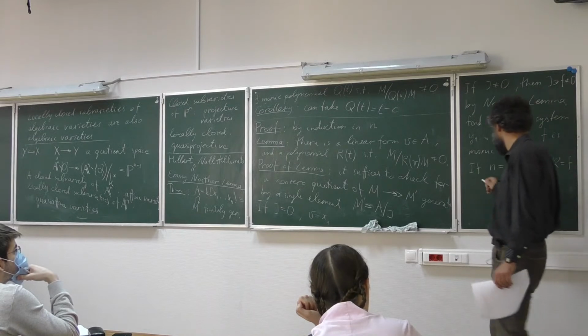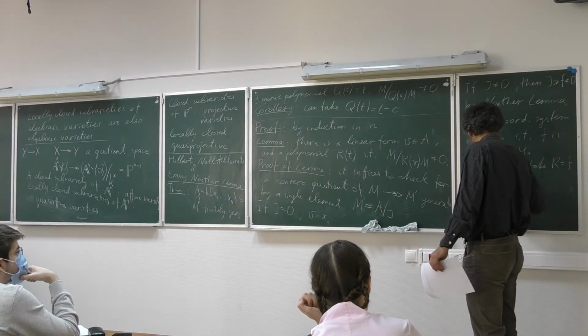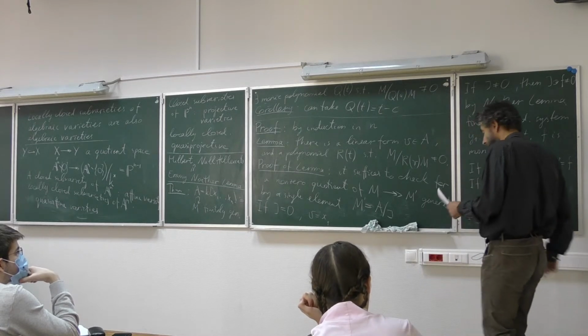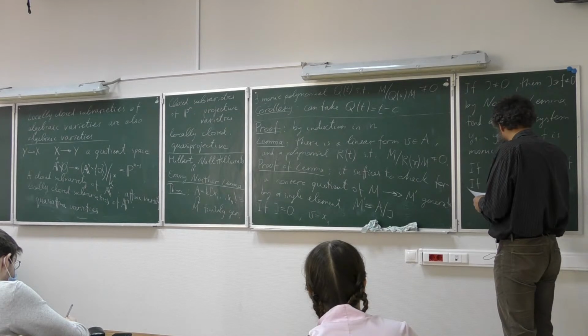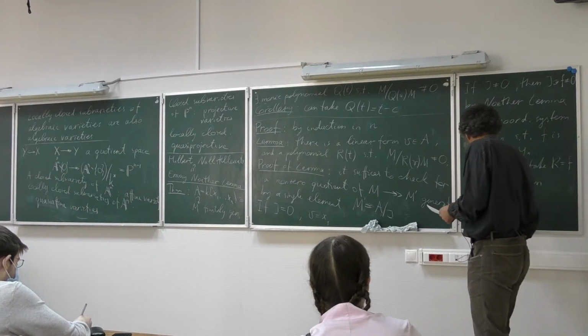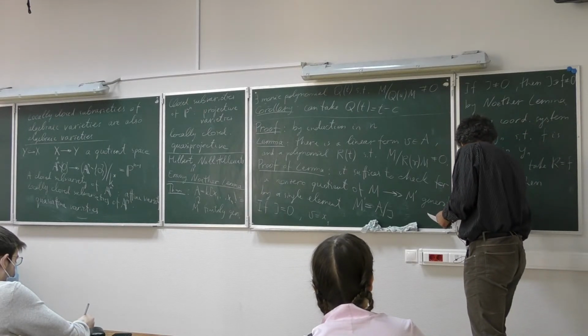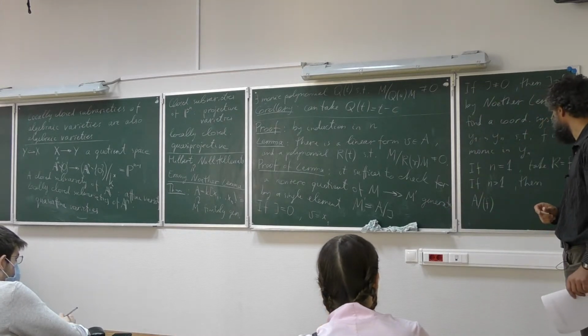Fine. So if n is bigger than 1, then we can consider A over F, right?